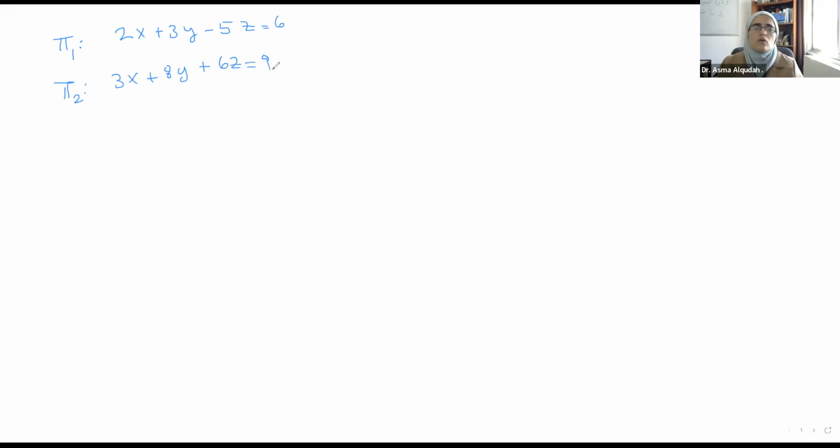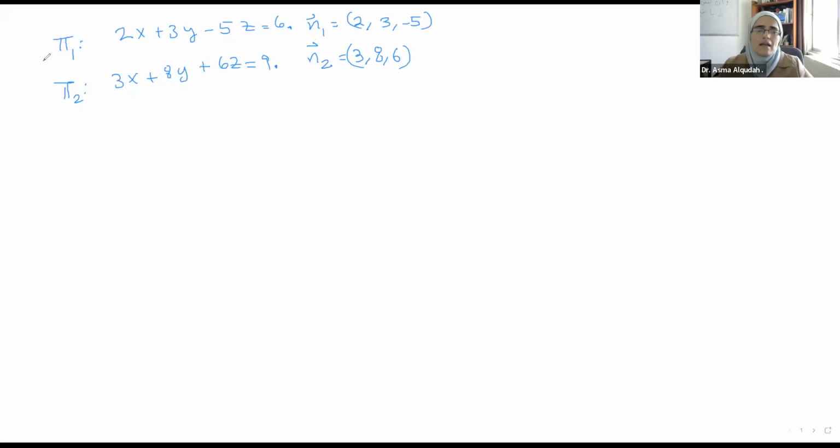The next direct step is that we need to find the normal vector for each of the two planes. So n1 is equal to (2, 3, -5), and the normal vector for plane 2 is n2 = (3, 8, 6). These are the two normal vectors.